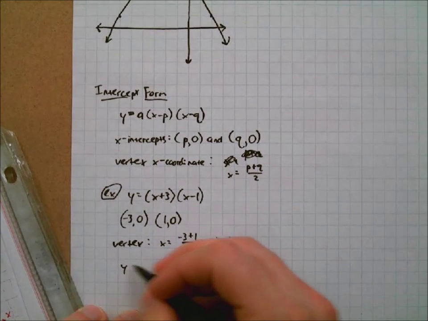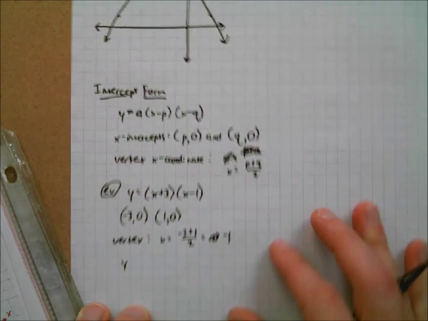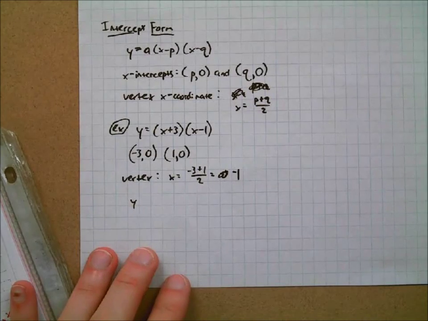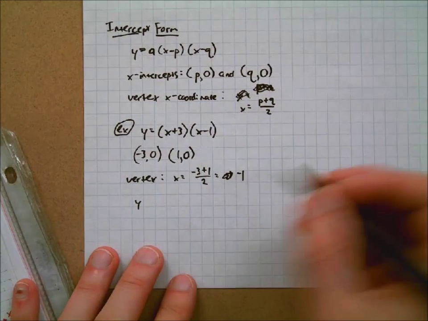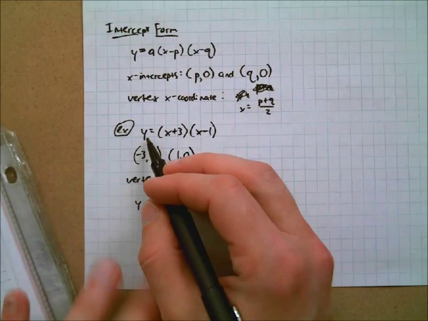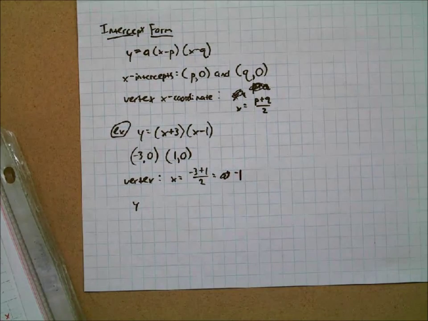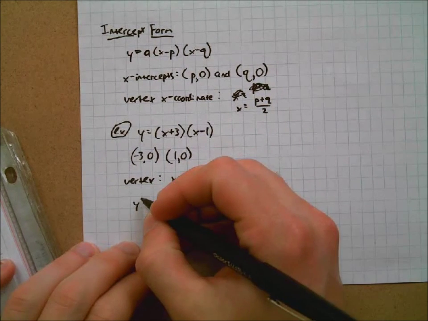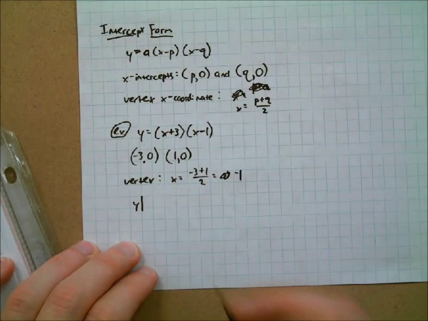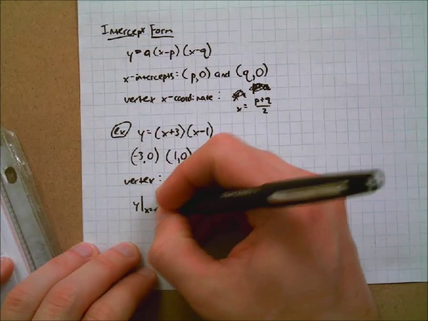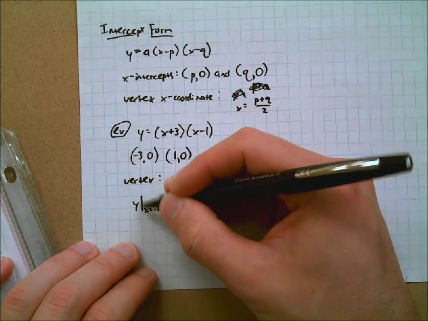If you want to get fancy, to show that we're plugging in -1, because this is not a function, it's y. When you have a function, it's easy to show that you're evaluating something at a certain point. You just say f of whatever or g of whatever. But when you have y, there's no y of something, it's just y. To show that you're evaluating y at a particular x value, you can put a vertical bar there and write x equals -1. So this means y evaluated at x equals -1.